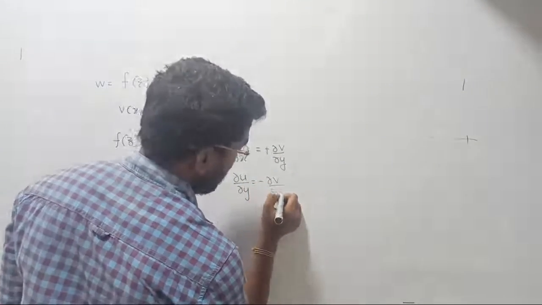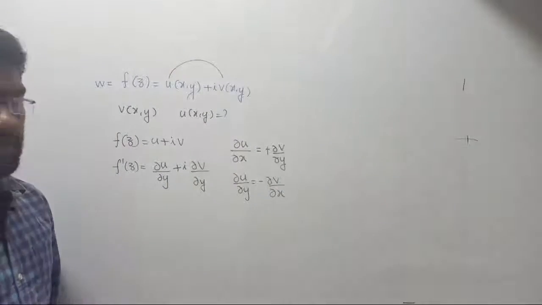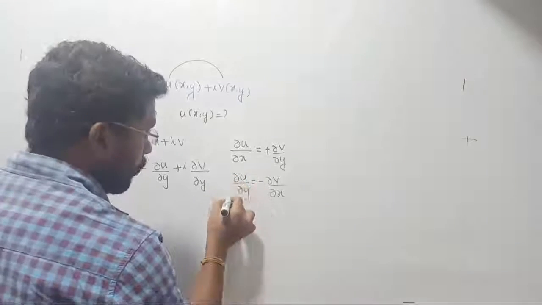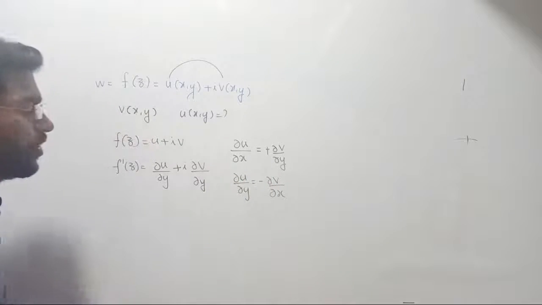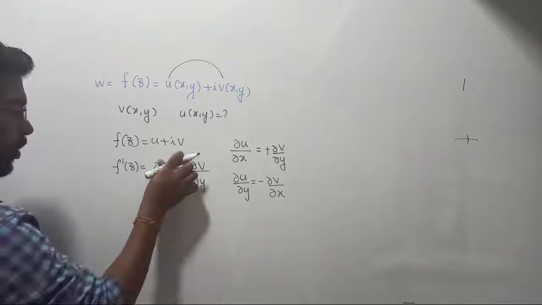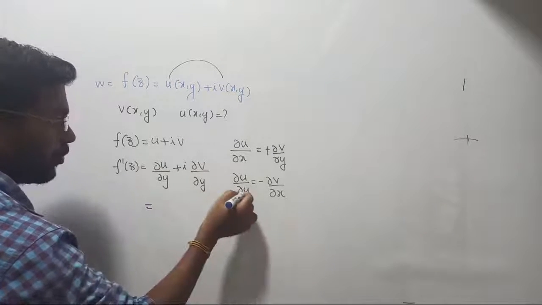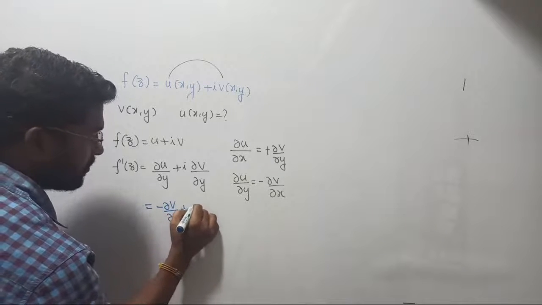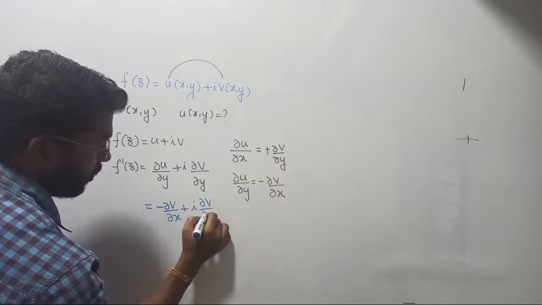Exactly, that is the Cauchy-Riemann condition. Now here, dou u by dou y can be replaced by minus dou v by dou x. So dou u by dou x, dou u by dou y can be considered as minus dou v by dou x plus i into dou v by dou y.